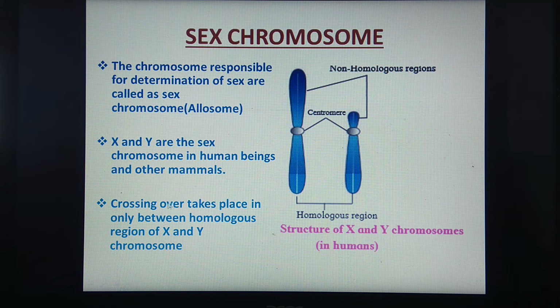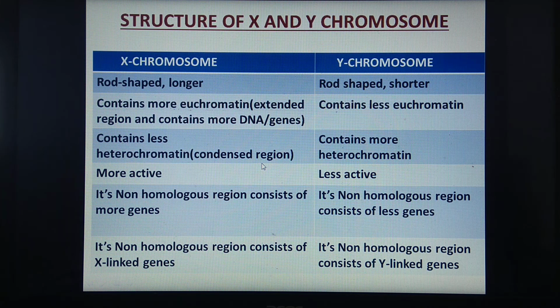You have to remember this sentence: crossing over takes place only between homologous region of X and Y chromosome. Okay, so this is the sex chromosome in case of human beings and other mammals. Now see, what is the difference between X and Y chromosome?